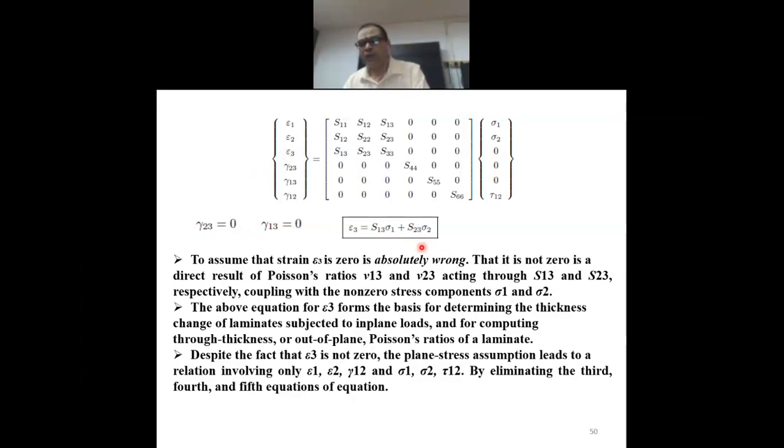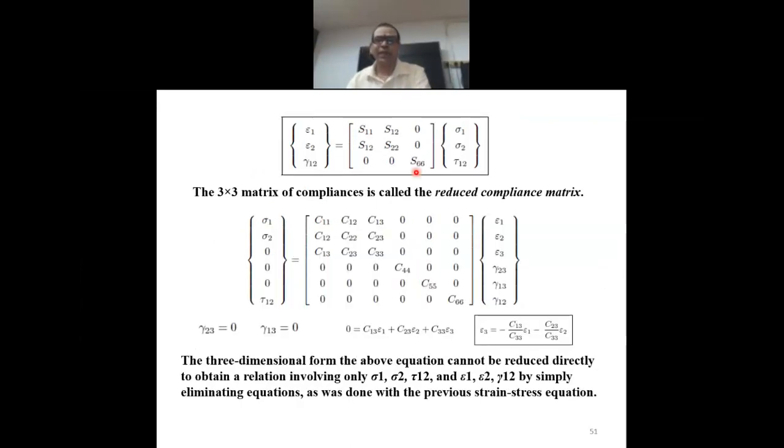So when we move from 3D to 2D, we can keep the S matrix, the compliance matrix, as it is. In the compliance matrix we can give up the third row and column, fourth row and column, and fifth row and column. The compliance matrix is very simple.